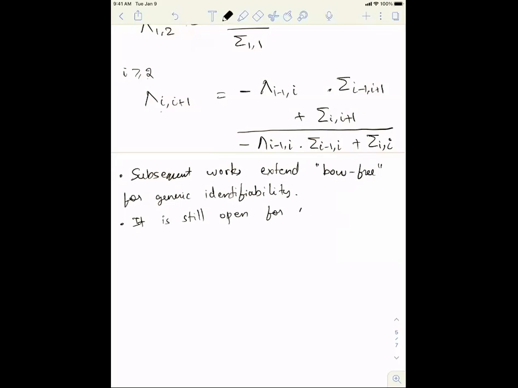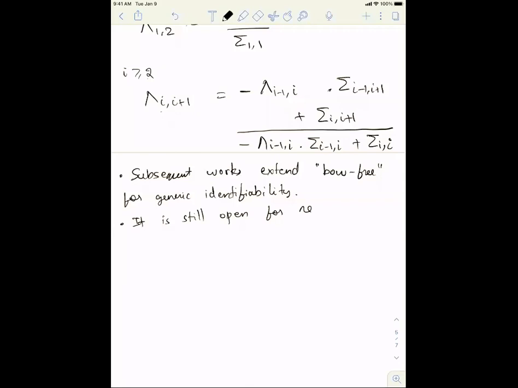Sorry to interrupt again. So what you mean is that there are graphs which have bows, but they are generically identifiable? Yeah, exactly. There are graphs which are non-Beaufry, but they are generically identifiable. And the exact characterization is still open, meaning what is the set of graphs for which you know generic identifiability, and if that condition doesn't hold, there is no generic identifiability.